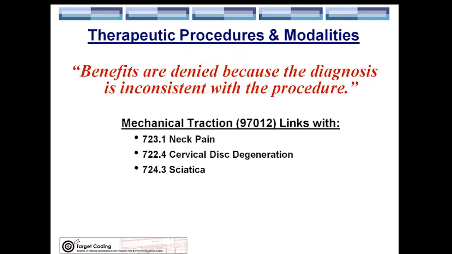We have the clinical rationale and the documentation suggestions for every physical therapy CPT code, and we also have the associated diagnosis codes, as you'll see here on the screen for traction. The associated or linked diagnosis codes are neck pain, disc degeneration, and sciatica. Just a few. There's a whole bunch more.